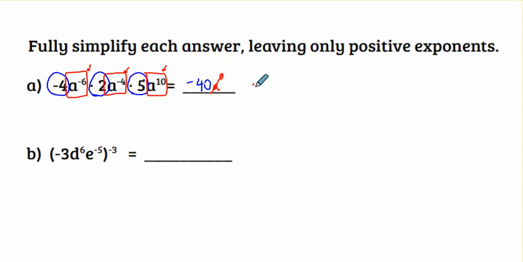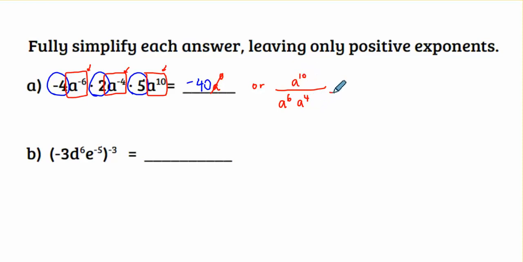You could have also said, okay, well, the a to the -6 is going to go down here at the bottom. The a to the -4th is also going to go down here to the bottom. And of course, once you move those, they become positive. They're happy because you've moved them, you know. And then the a to the 10th is happy where he is, so he's on the top.